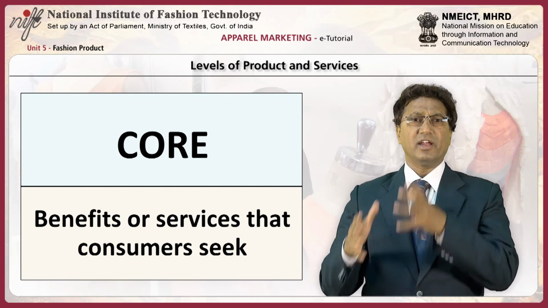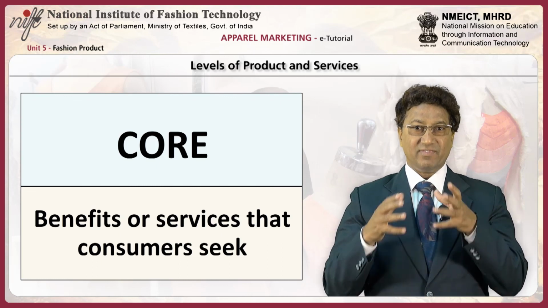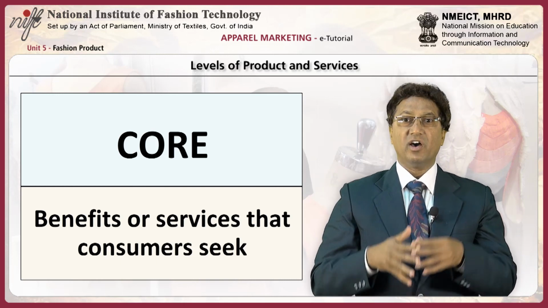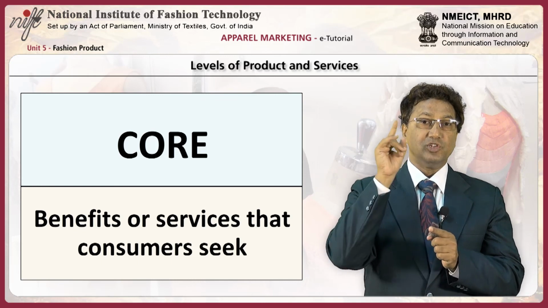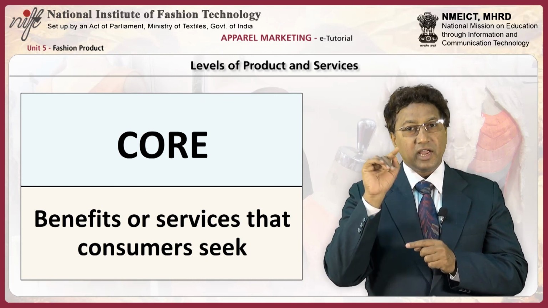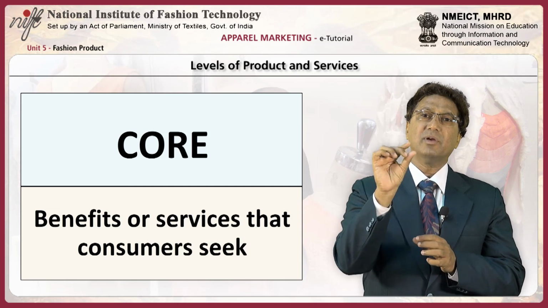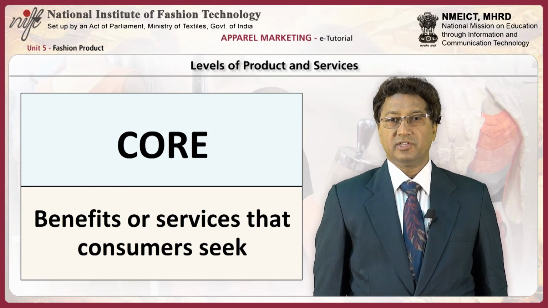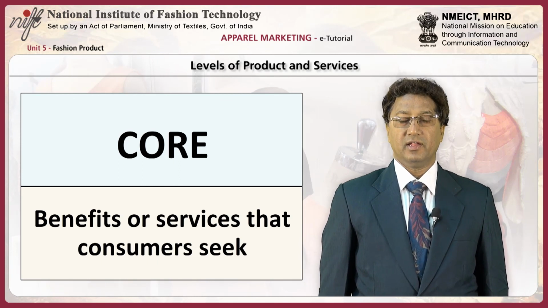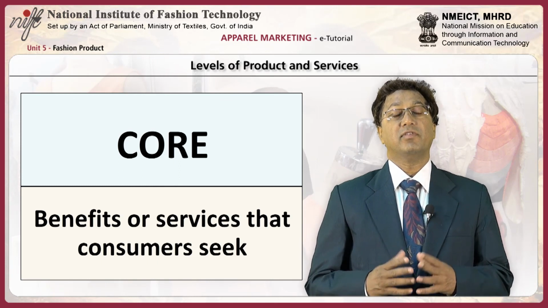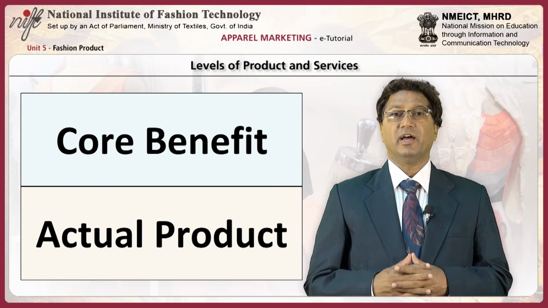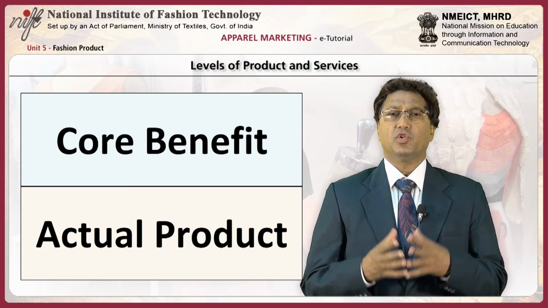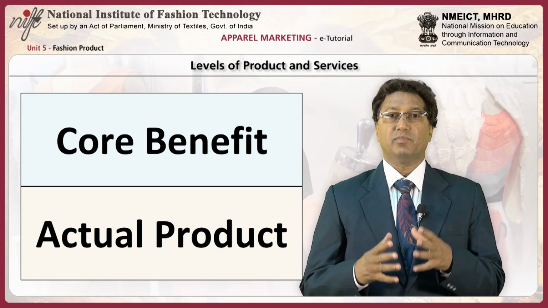When designing products, marketers must define the core, that's the problem solving benefits or services that consumers seek. A consumer buying a diamond buys more than diamonds. De Beers saw this clearly. A diamond is forever. Even somebody buying a Lux soap buys not a soap but beauty. There is a core for which he is buying the product.